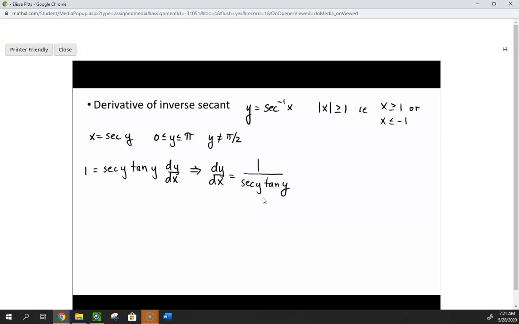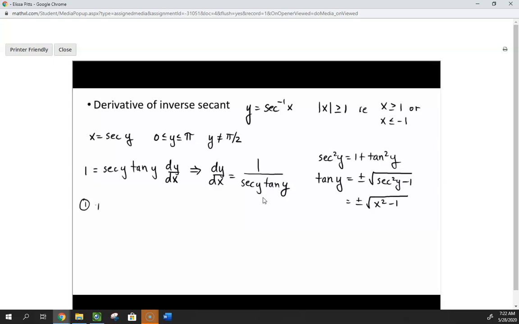So we use a trigonometric identity that says that secant squared y is equal to 1 plus tangent squared y. Solving for tangent y, that is equal to plus or minus the square root of secant squared y minus 1, but secant y is equal to x, so this is equal to plus or minus the square root of x squared minus 1.